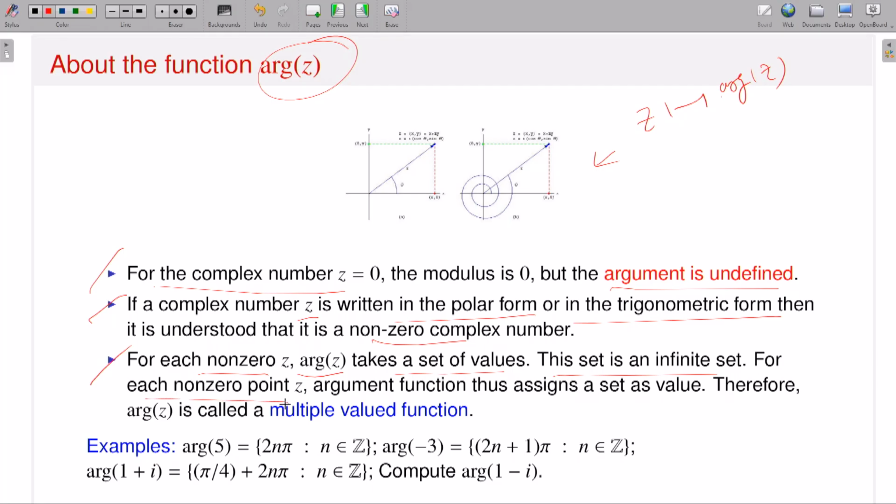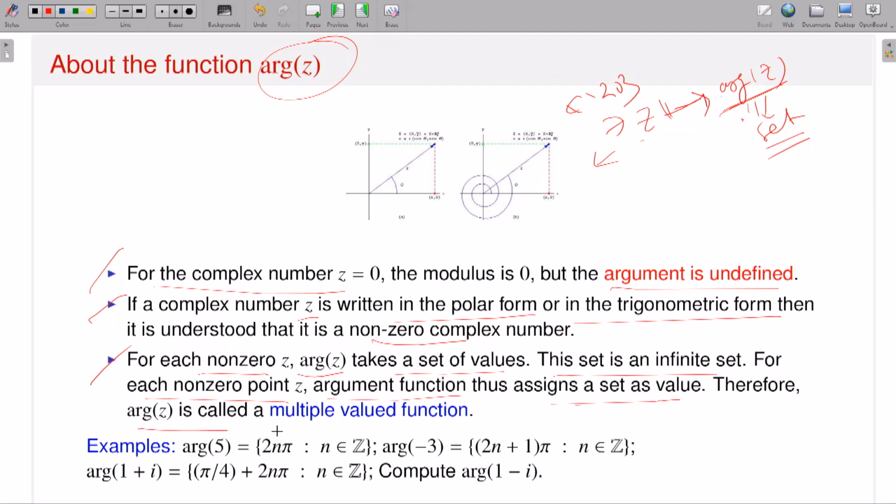For each non-zero complex number z, the argument function thus assigns a set value. So if I think about this function, it is a map from C minus 0, z goes to small arg of z. Each z will have an argument, but it will be a set. So the argument function thus assigns a set value.